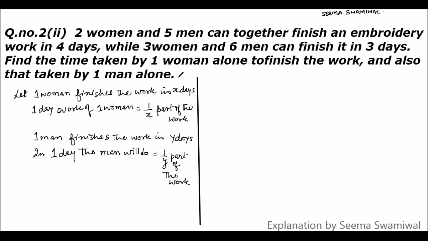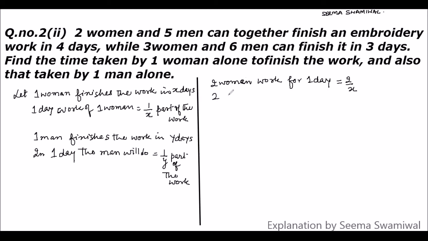So let's get one woman's work is 1 upon X. Therefore, 2 women's work for 1 day is, since the 1 day work of one woman is 1 upon X, 2 by X. And these 2 women are working for 4 days.